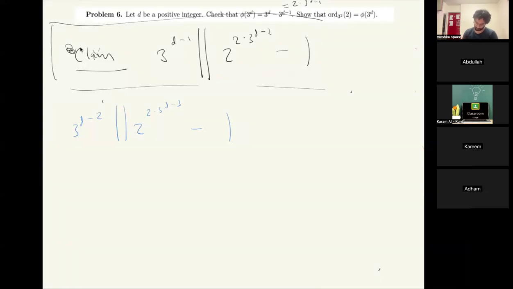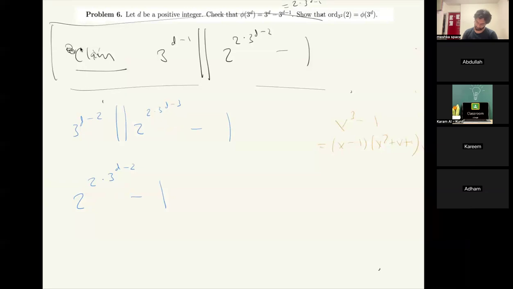So to understand 2 to the 3 to the d minus 2 minus 1, the point is this exponent is triple of this exponent. So the identity I need to use is x cubed minus 1 equals x minus 1 times x squared plus x plus 1, right? Because I'm going from this exponent to triple the exponent. Okay, so I should use this identity.